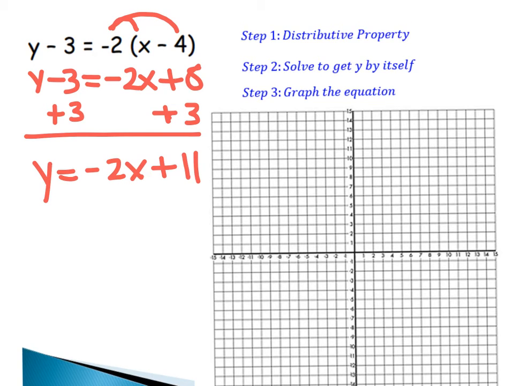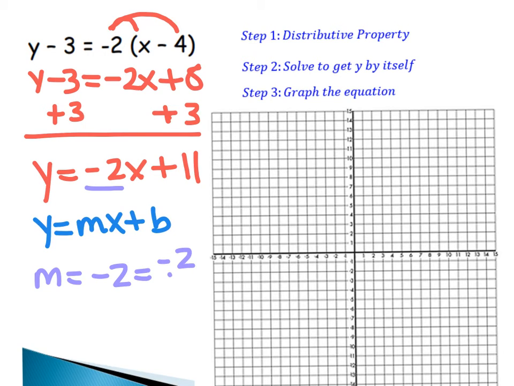Now I can graph this equation using slope-intercept form, which is y equals mx plus b. So looking at the equation, my slope is negative 2, which can be written as negative 2 over 1. And the y-intercept, or b, is 11.